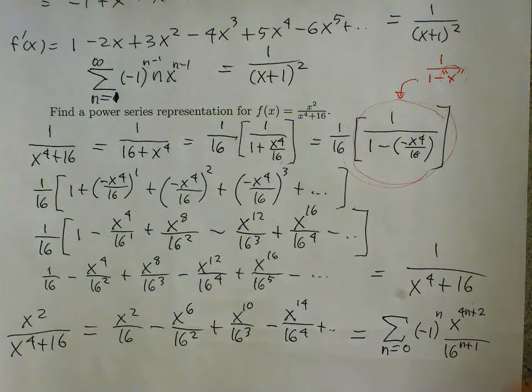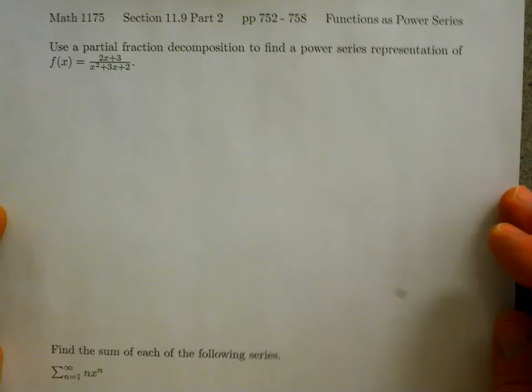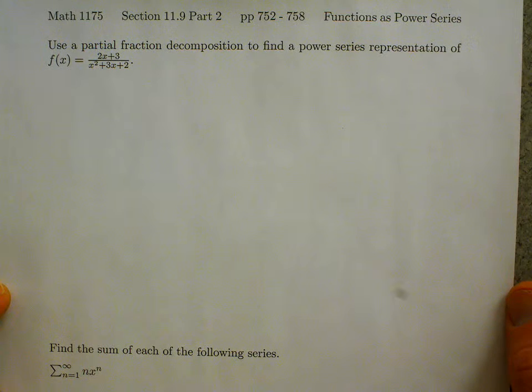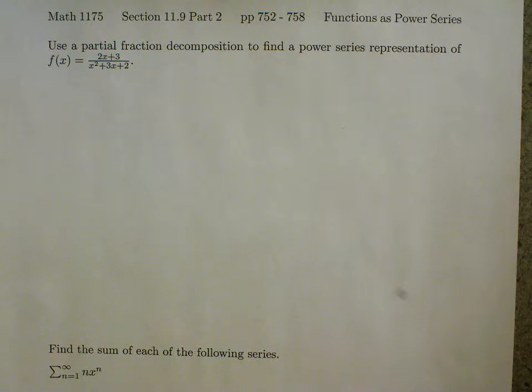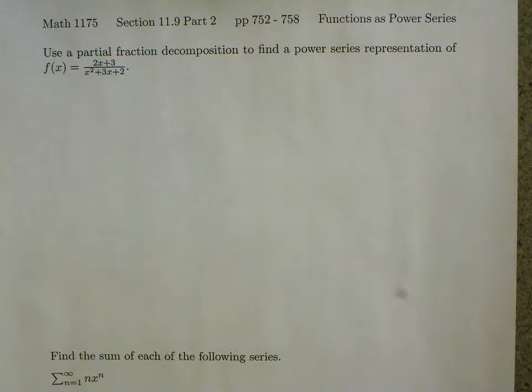Yeah, on the next page, this one, use a partial fraction decomposition to find a power series representation of f of x equals 2x plus 3 over x squared plus 3x plus 2. The denominator factors nicely.